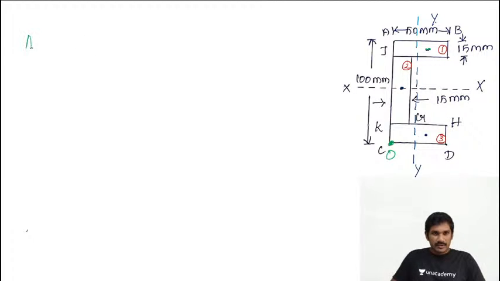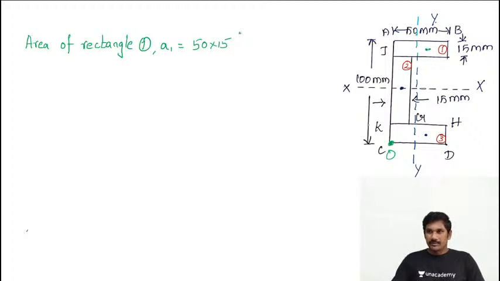So area of rectangle 1, that is A1, which is equal to its length and breadth, 50 mm into 15 mm. 50 mm into 15 mm, which is equal to 750 mm square.